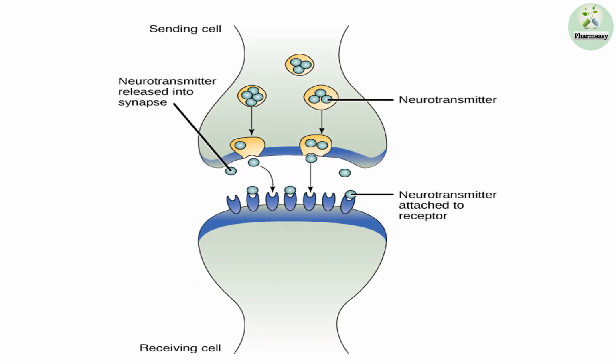According to this diagram, there are two types of cells, that is sending cell and receiving cell. Neurotransmitter are present in the sending cell and it is released into the synapse. Then, neurotransmitters are attached to the receptor. And after that, response can be observed.